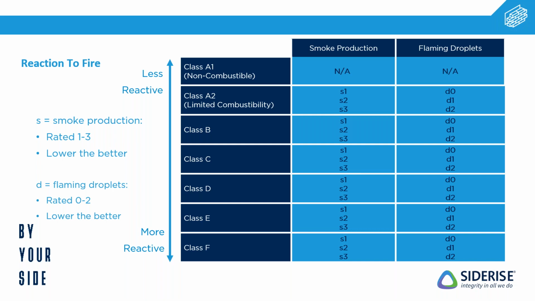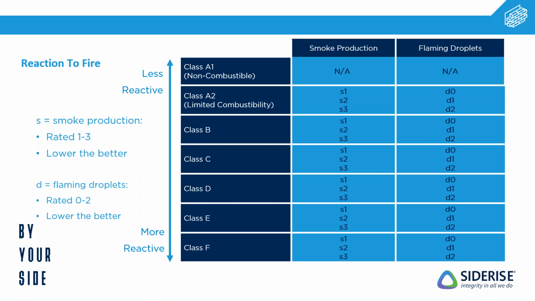Then if it's anything from A2 or more reactive, down to class F, you are also declaring a couple of criteria, one which is smoke production and one which is flaming droplets. The rule of thumb essentially is the earlier in the alphabet the letter comes, the less reactive it is, and the lower the number, the less reactive it is, or the better.